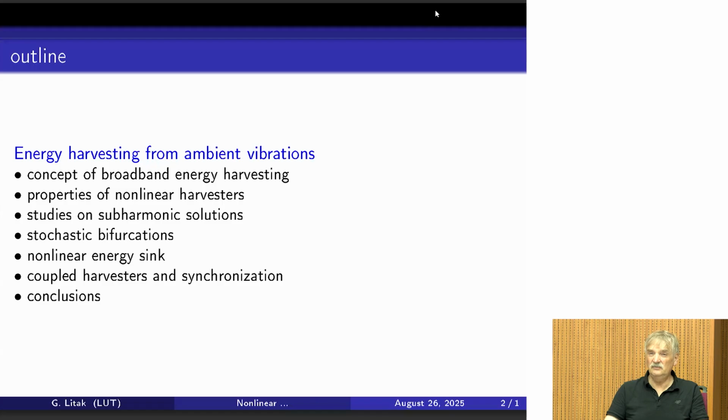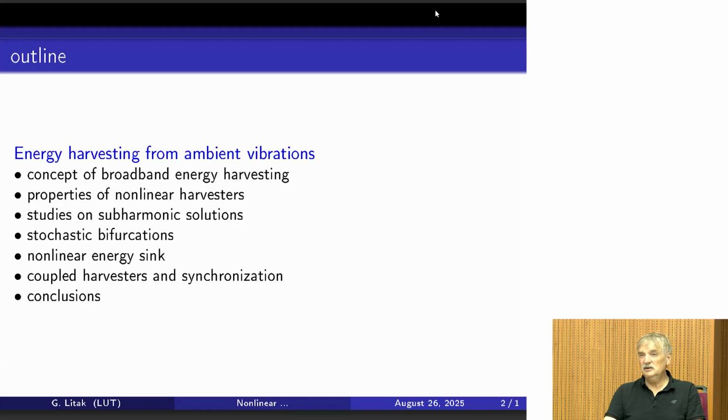And then there is another field, which is coupled harvesters and synchronization. Coupled harvesters can be used because we know there is some miniaturization of the system, and sometimes we need to design a harvester for more energy.